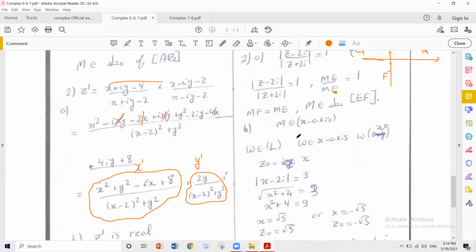W belongs to the x-axis with coordinates x0, and Z0 is x.